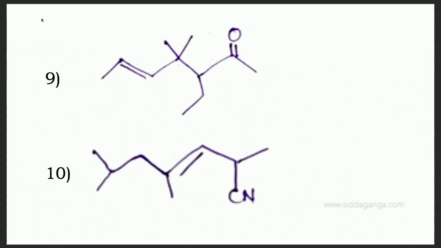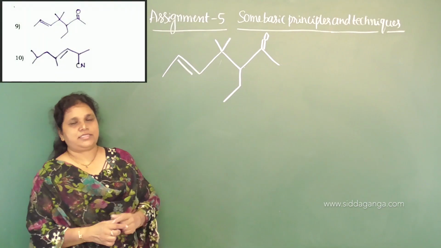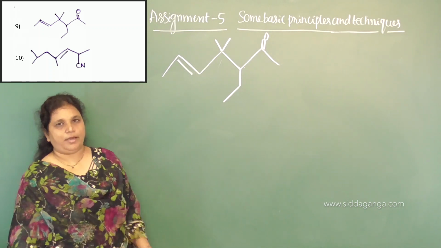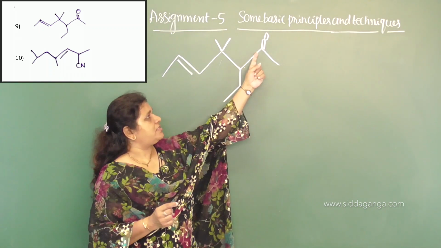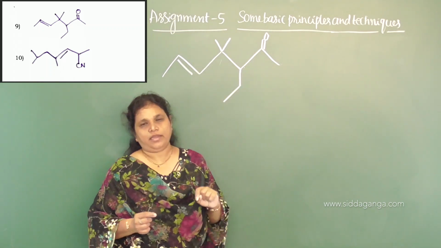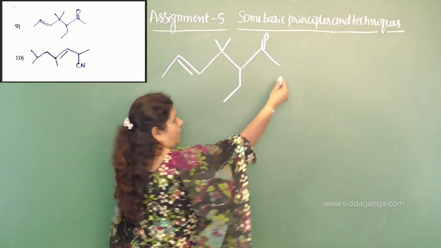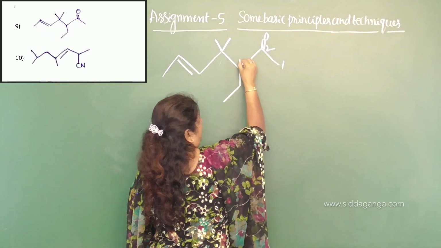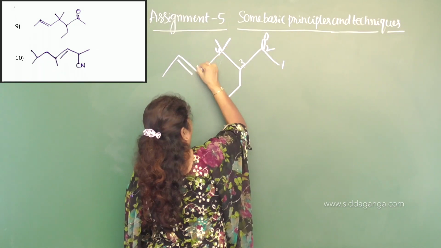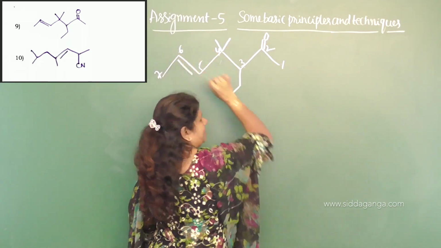So find out the functional group first, and then you can select the chain and you can give the number. So the functional group here is C double bond O. Again it is a ketone group, therefore 1, 2, 3, 4, 5, 6, 7.